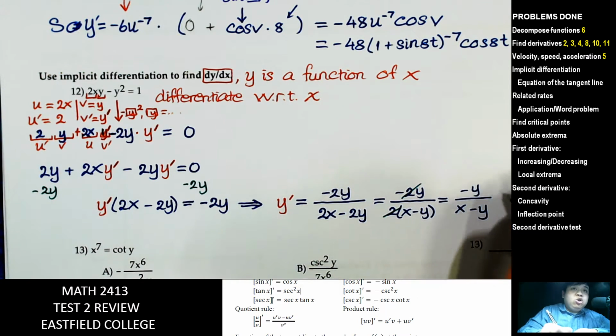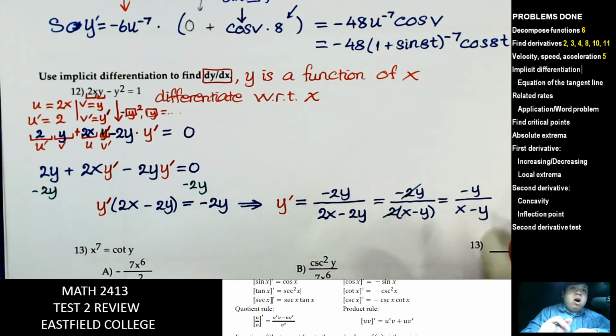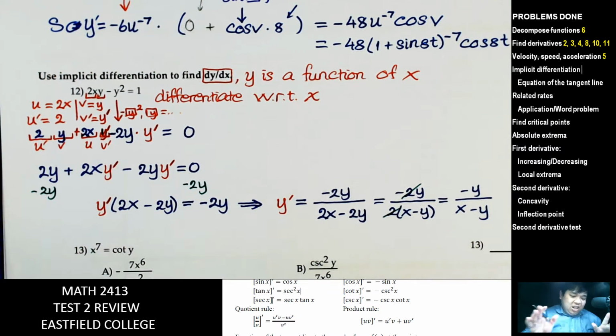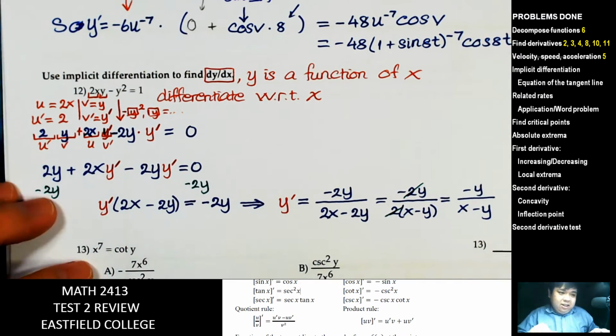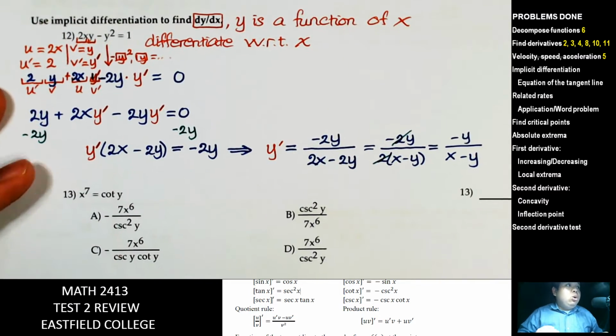We can also multiply negative 1 top and bottom. So the top becomes y and the bottom becomes y minus x. But that should be enough. Right. We will go to 13.